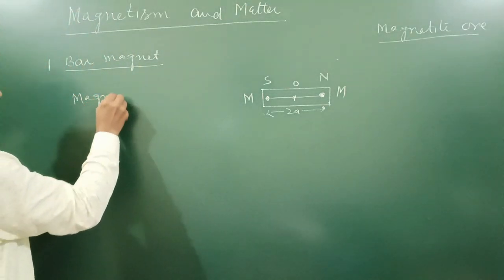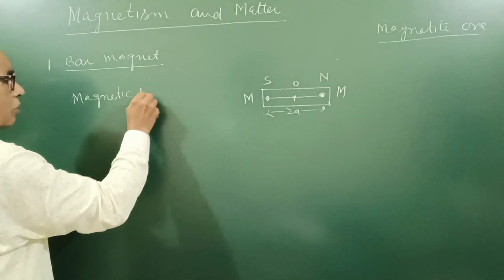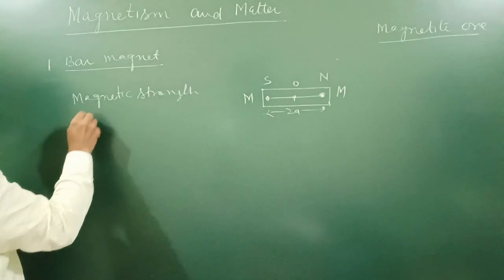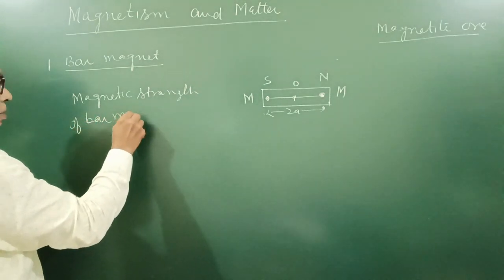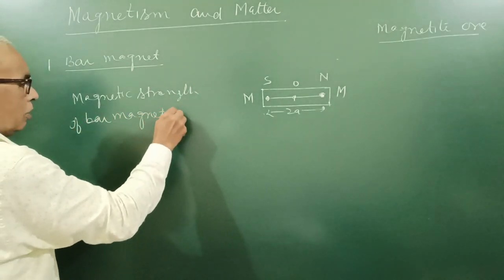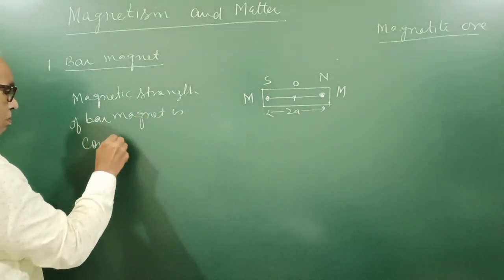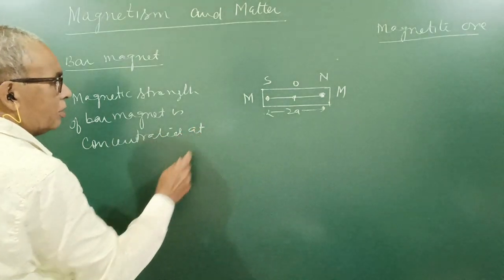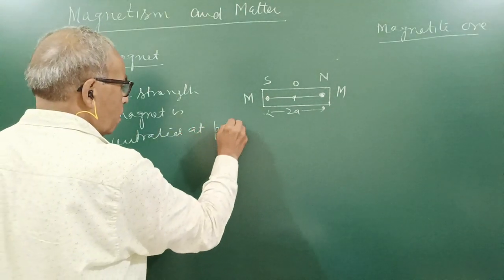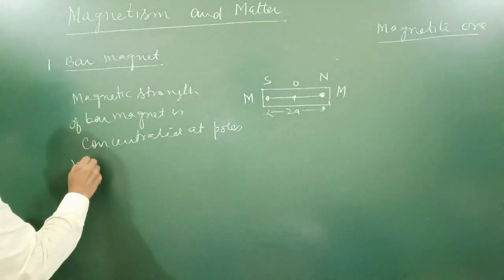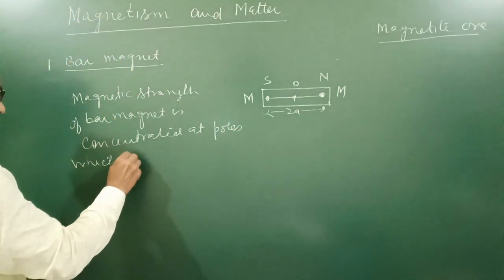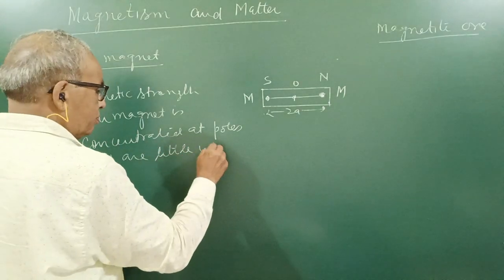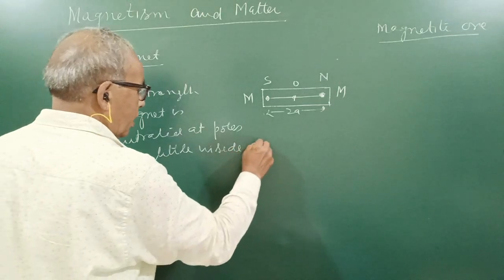Magnetic strength of a bar magnet is concentrated at poles which are a little inside, as shown in figure.